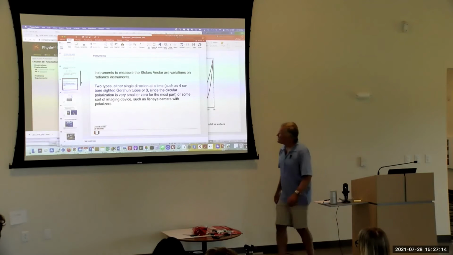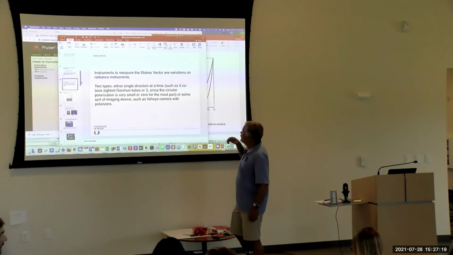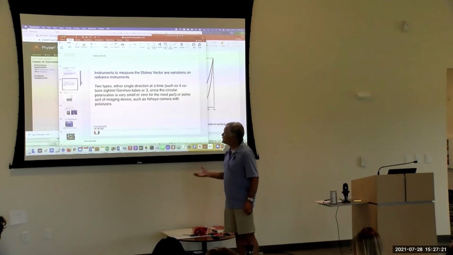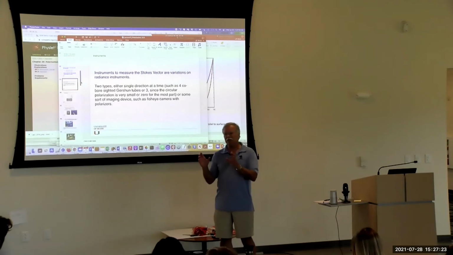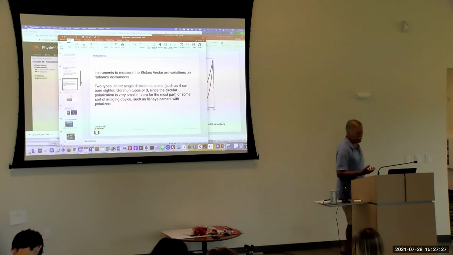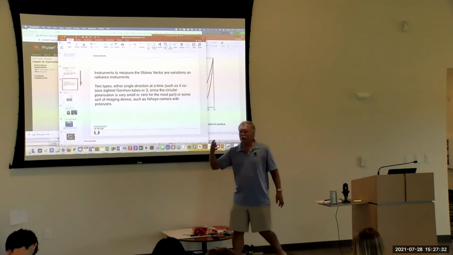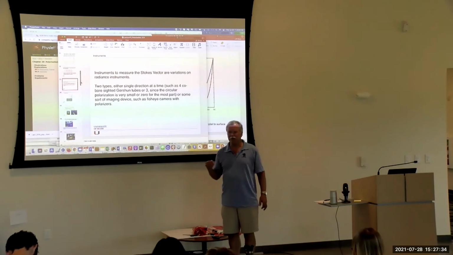So, we're going to go through some instruments for a while. Instruments that measure the Stokes vector are basically variations on the radiance instruments. You can have ones that look like Gershun tubes or systems that use a fisheye lens. In general, I told you you need to make 4 measurements to know the whole Stokes vector.